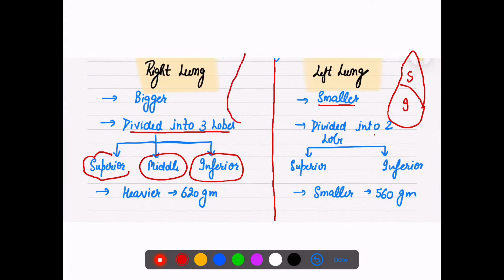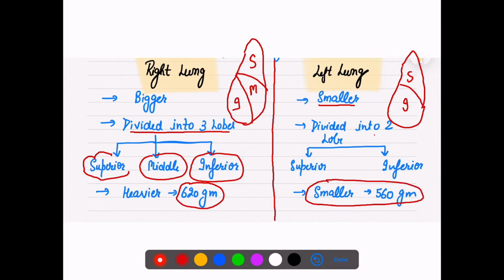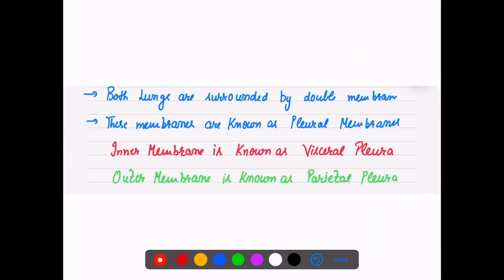The right lung is heavier, it is 620 grams, and the left lung is smaller in weight, it is 160 grams. And one more difference you can mention here: cardiac notch is absent in the right lung, and cardiac notch is present in your left lung. So that is the difference between your right and left lung.